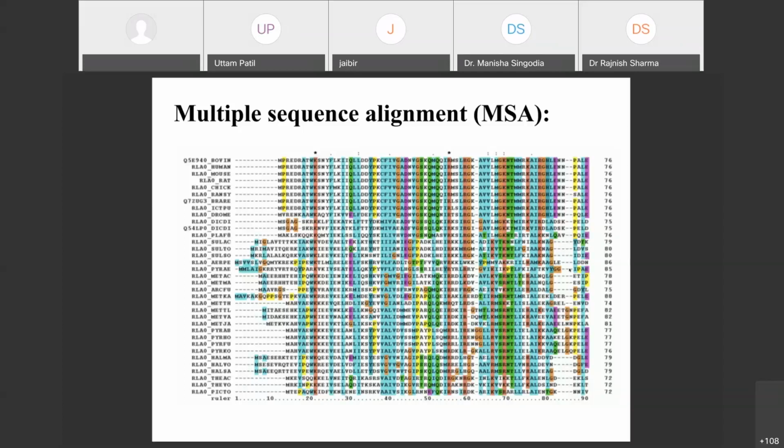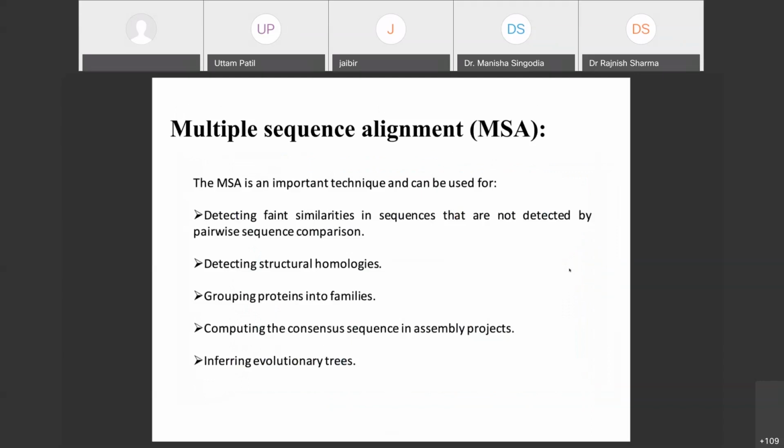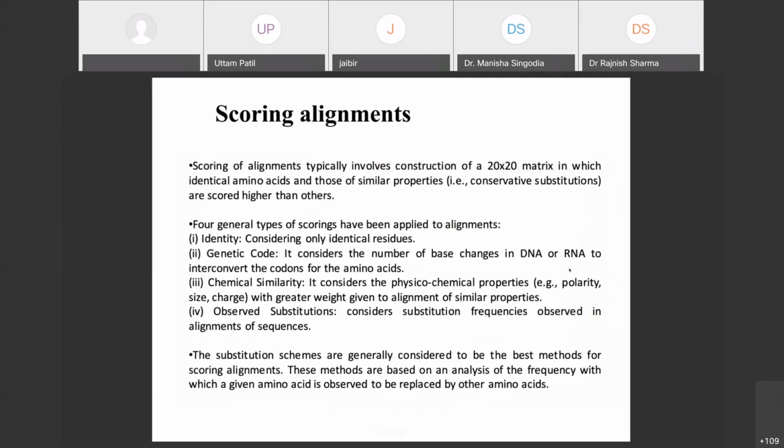So that gives you an idea about the kind of amino acids which, if they are not identical, have similar kinds of properties. So if you score them, you get the second highest score for them, and then you have different amino acids for which you do not give any score.